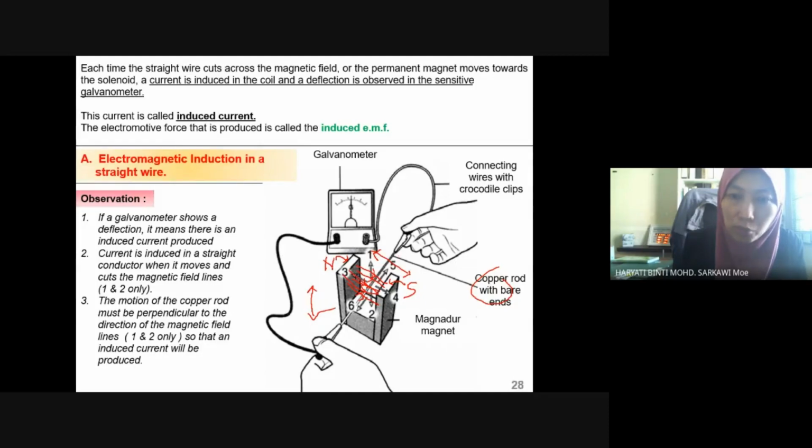So the motion you need to do follows number 1 and number 2, and only then does the galvanometer pointer deflect. If you move parallel to the magnetic field lines, there will be no cutting of magnetic flux, so there will be no current. You must remember that. If the motion is like this and the field lines like that, it will cut because this is 90 degrees.